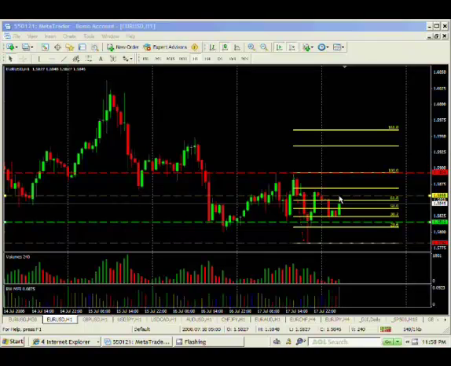This is the left shoulder, and this would be the right shoulder, and this is the neckline.